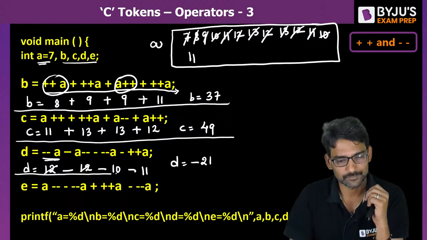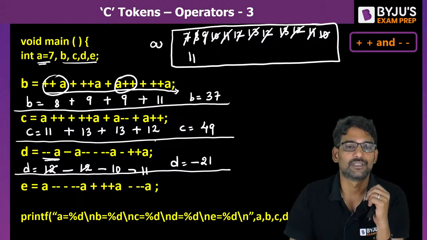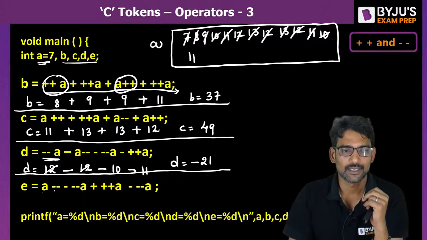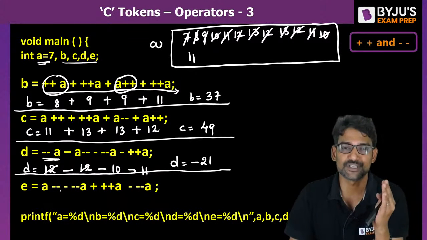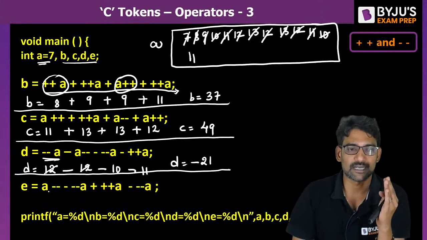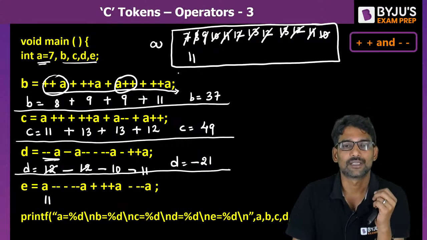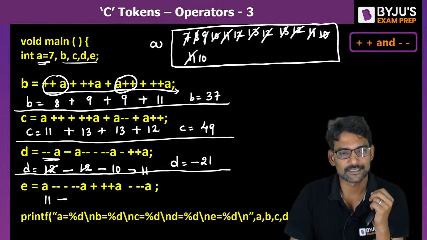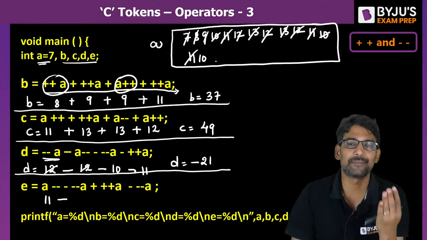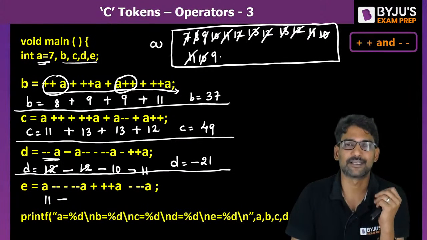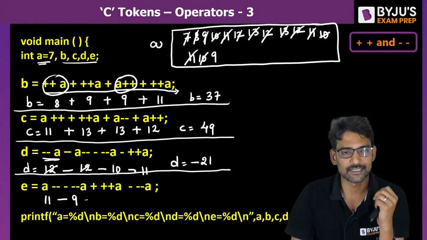Okay. Then E, let us evaluate E. A-- post-decrement. So first assign the value, then decrement it. Minus --A, pre-decrement, first decrement the value, assign it.